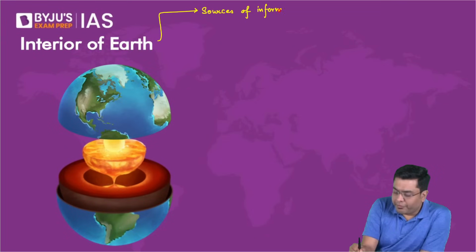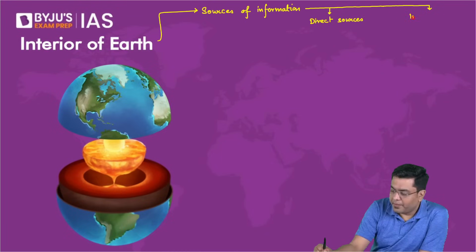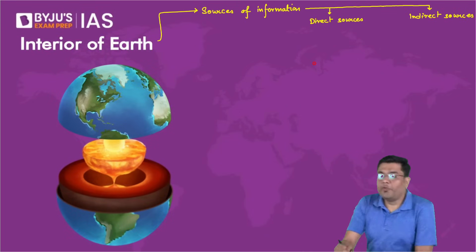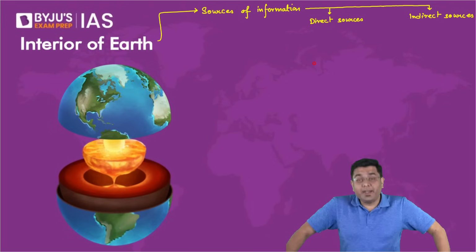Now these sources of information can be classified into direct sources as well as indirect sources. So what are our direct sources? Direct sources of information give us an idea about what is contained in the interior.